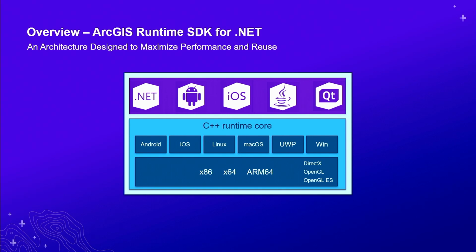We currently have a long-running project underway to support the new generation of rendering APIs as well, with an active project working on support for Metal for iOS. The resulting library in each case is then built for specific platforms, so Android, iOS, Linux, macOS, UWP, and Win32 as well.